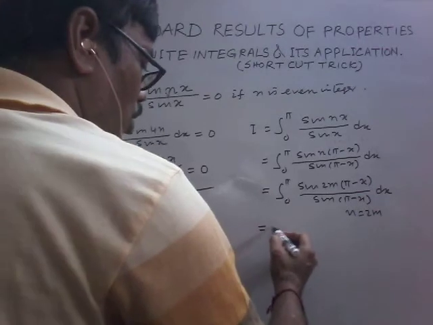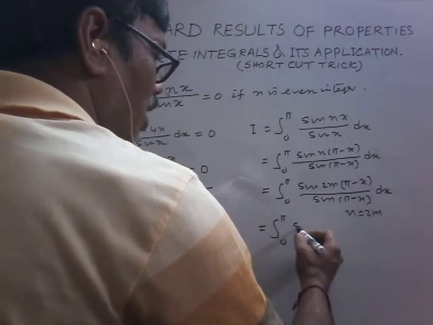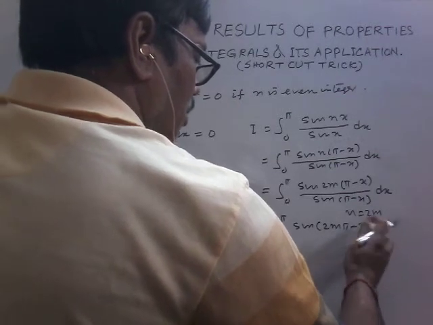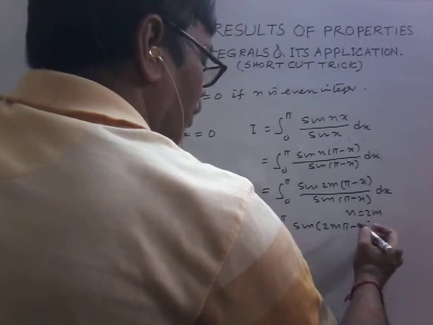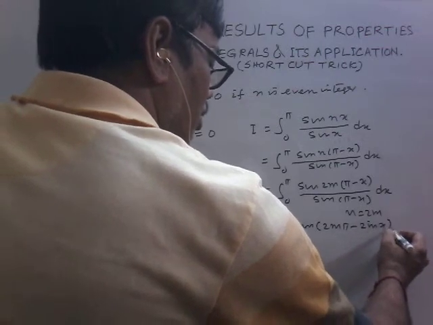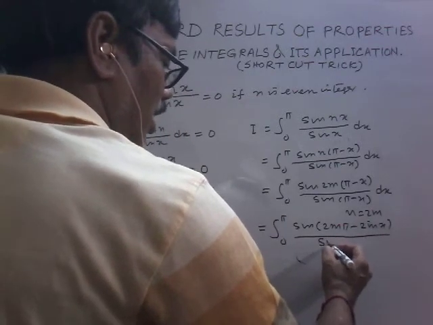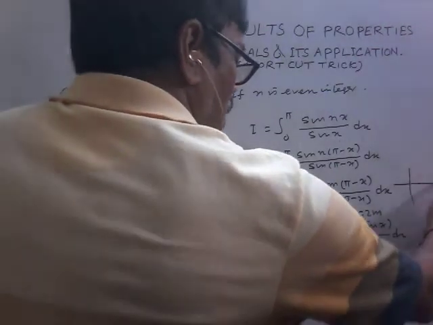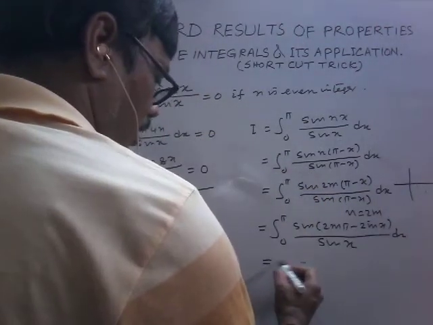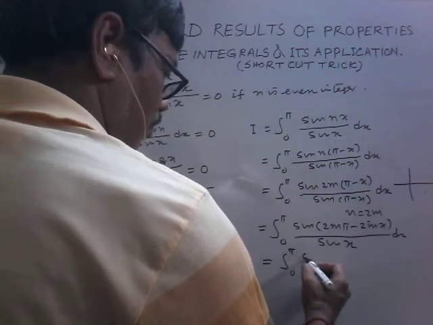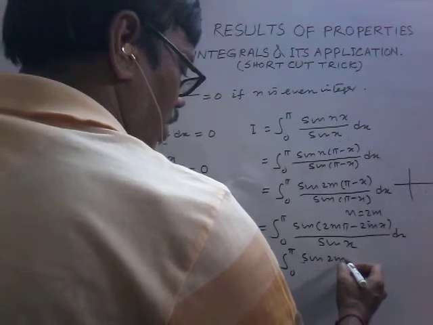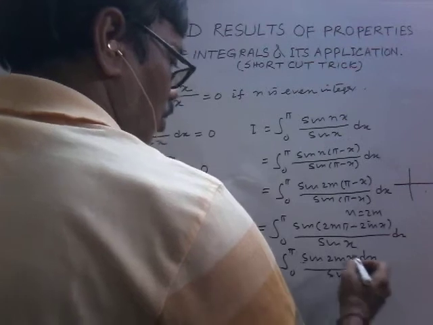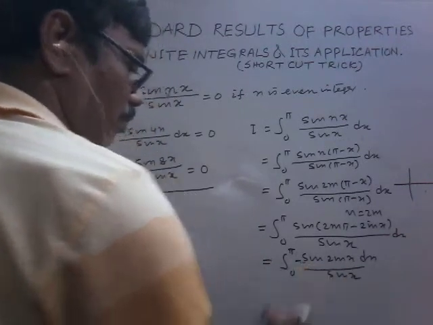Now you know, look, sin of 2m pi minus 2mx by sin x dx. So sin of 2 pi minus theta is in the fourth quadrant, this is negative. So sin 2mx dx by sin x with a negative value.